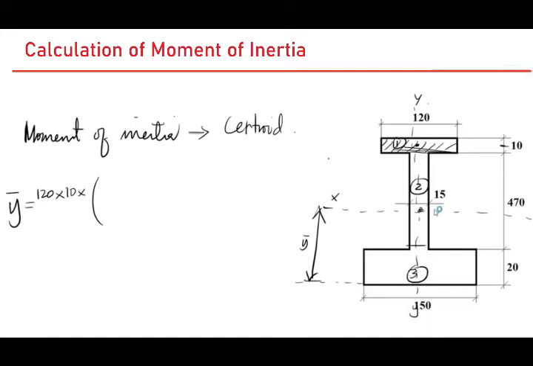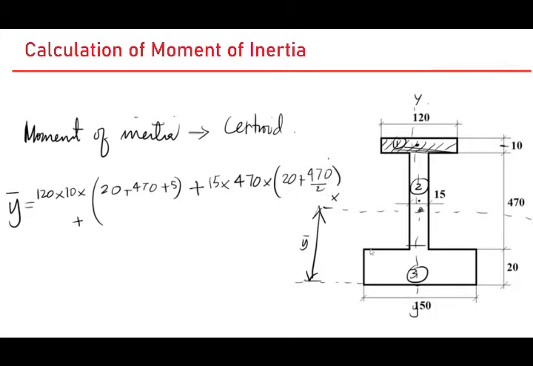So you have 20 plus 470 plus 5, plus the next area that you need to take is this one. So the area is 15 times the whole length is 470 times the distance between the centroid to this point. So that is basically 20 plus 470 over 2.